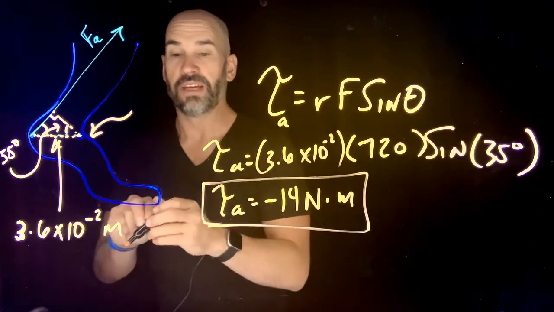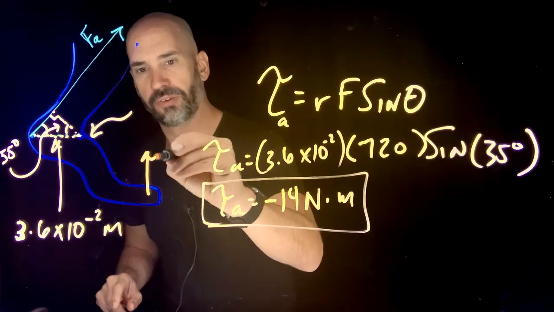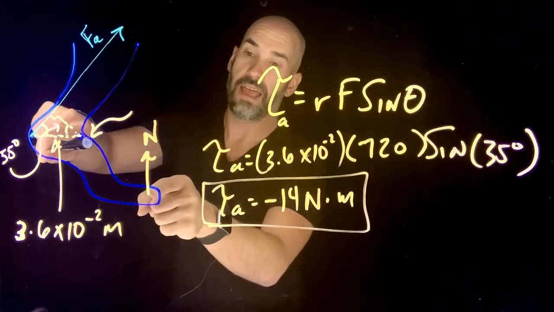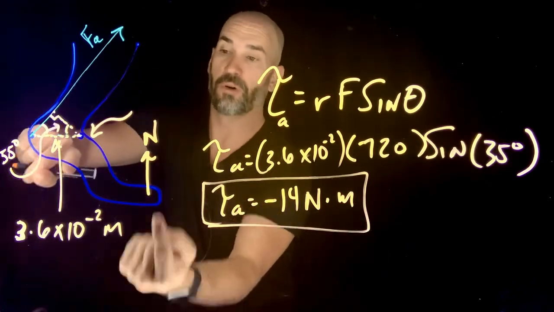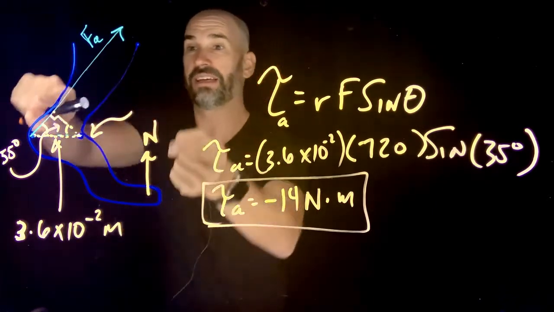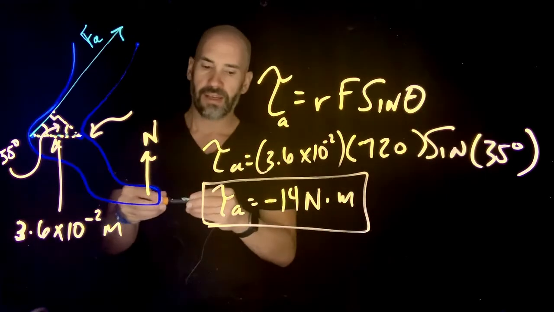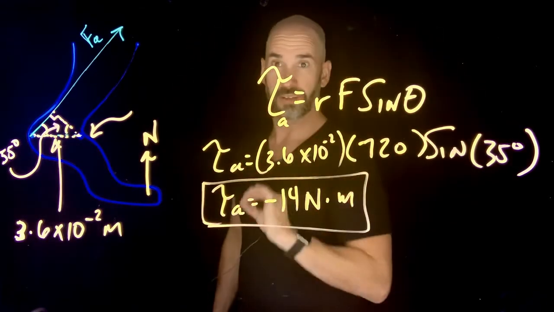Whereas, if we had another force here, which technically we do, which is the normal force acting on the foot, this would provide a positive torque because if you push a force up here, and I pin this area right here, it would make the foot want to rotate counterclockwise. Okay? I hope you guys can see that distinction. All right. That is the torque of the Achilles tendon.